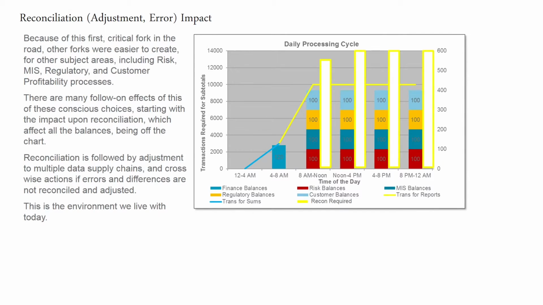Here's the daily cycle in most businesses. From 12 a.m. to 4 a.m., you might have something happen in the originating source systems for processing, cleaning up from yesterday's transactions and doing all the work that it has to do. From 4 a.m. to 8 a.m., somewhere in there, the general ledger process gets to run.